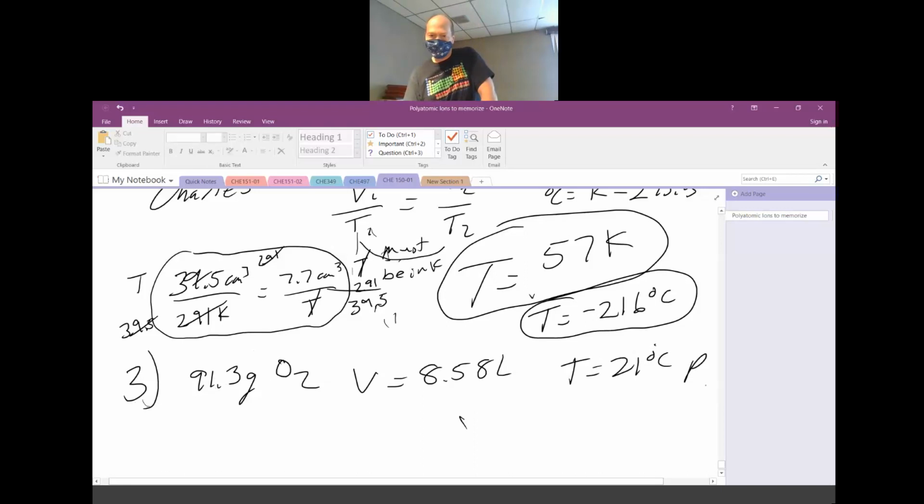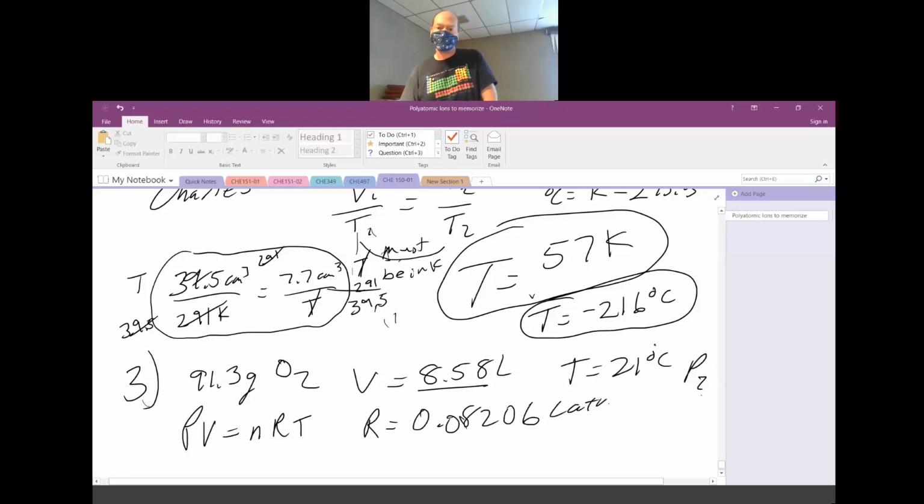All right, so when you're given a mass, a volume, and a temperature to find a pressure, you have PV is equal to nRT. All right, so your pressure is what we're looking for, volume. All right, so there's the volume, and that is the correct units, because every time you are using PV is equal to nRT, you get a 0.08206 liter atmosphere per mole Kelvin.